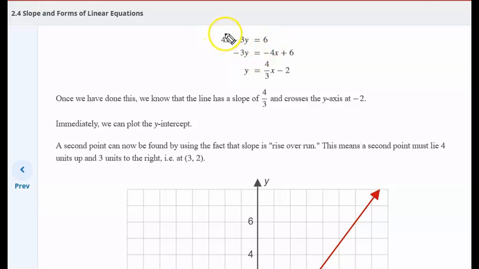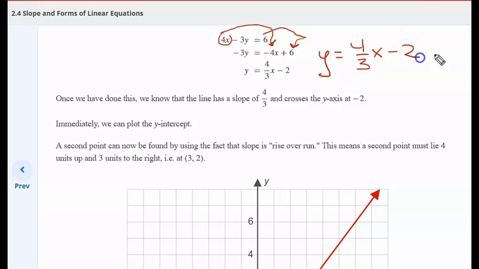They're going to take the x term, transpose it to the other side. The 6 is already there. Divide everything by -3 to end up with a positive y. So we now have y equals 4/3 x minus 2.